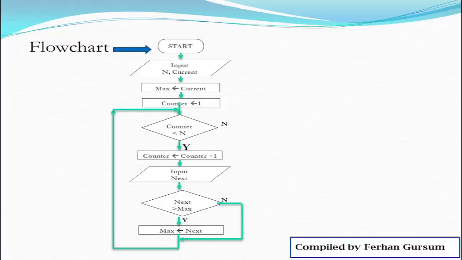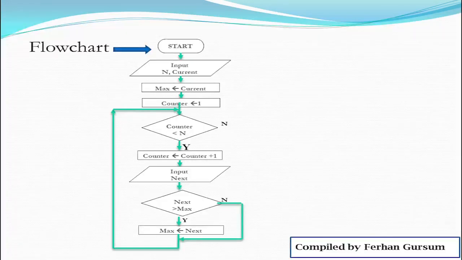It jumps, which means max is greater than next, because next is not greater than max. It repeats all this process until counter becomes greater than n.